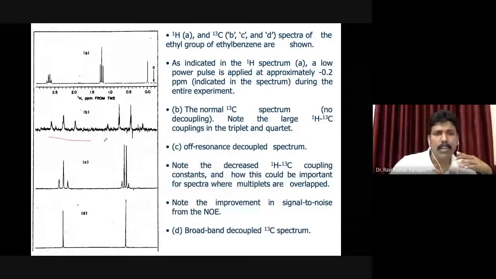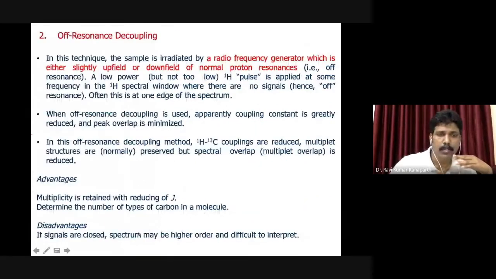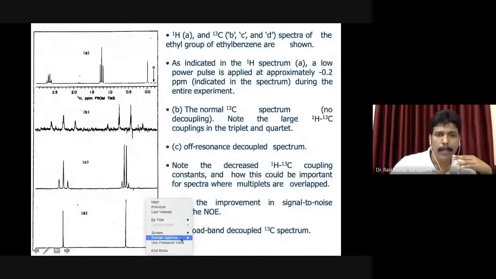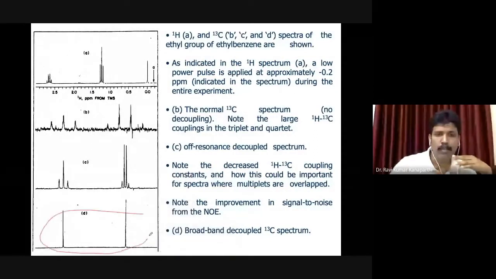This particular spectrum is a coupled spectra, and this bottom one you can see here. The bottom one is a totally decoupled, that is the broadband decoupled spectra. What happens exactly when we follow that broadband decoupling?